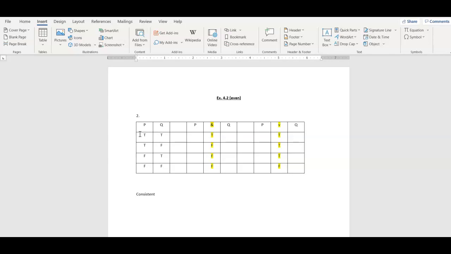If you have 3, it's going to be an 8-line truth table. And I think even in Q2, there's a couple that have 4. Yeah, number 9 and 10 both have 4. So if you have 4 different atomic sentences, that's 2 to the 4th power: 2 times 2 times 2 times 2 is going to be a 16-line truth table.